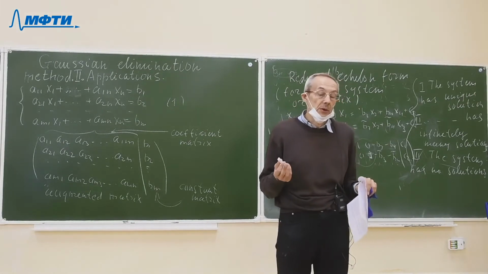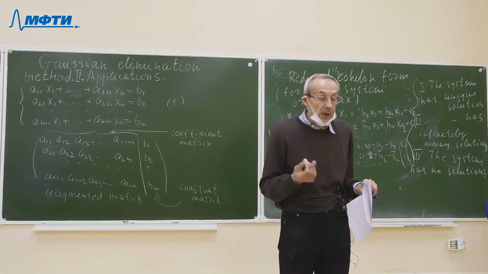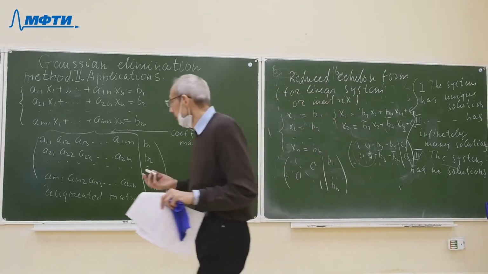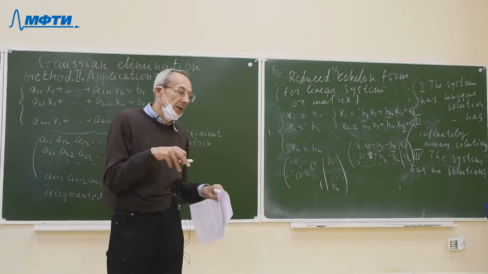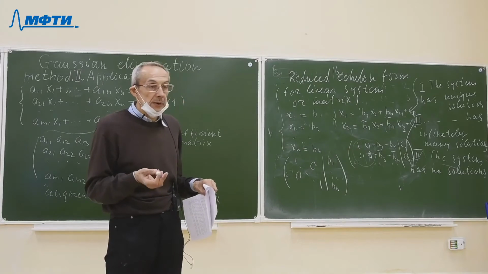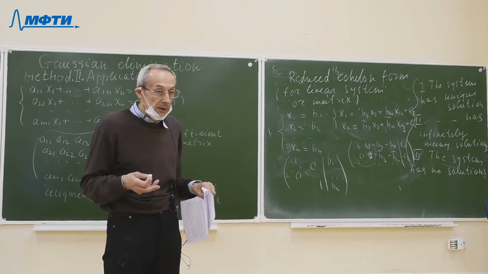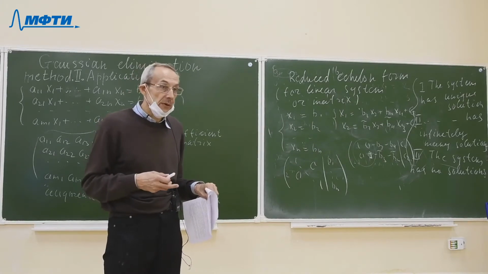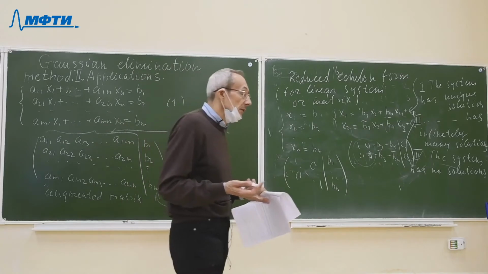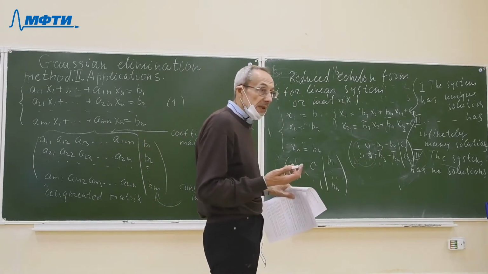Such a solution can have infinitely many particular solutions, and in this case we mean that every solution of the first linear system is also a solution of the second, and any solution of the second linear system is also a solution of the first, and the sets of solutions coincide.